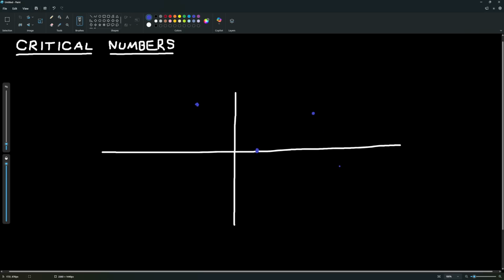This is straight from the notes itself. So let's imagine this is our line. Now, we have our maximum, and we have our minimum.